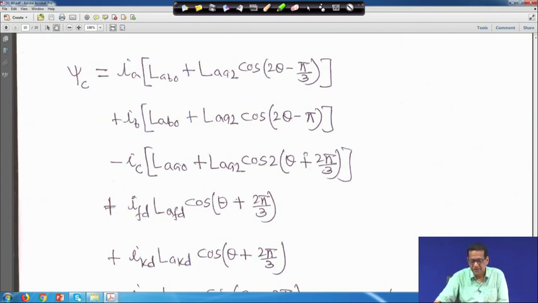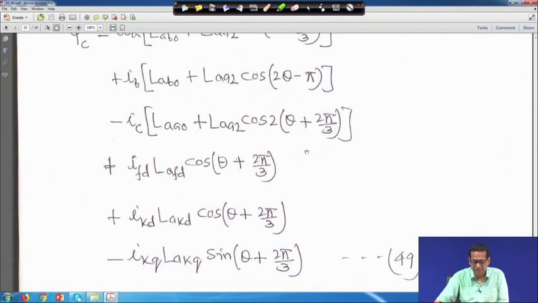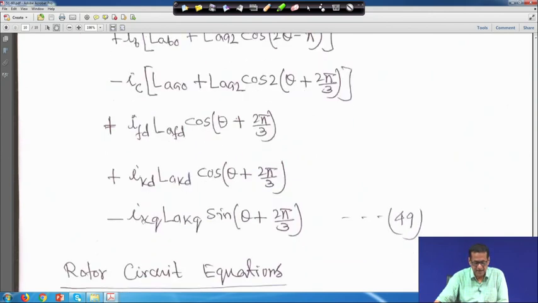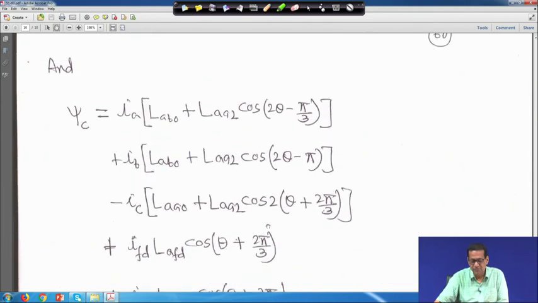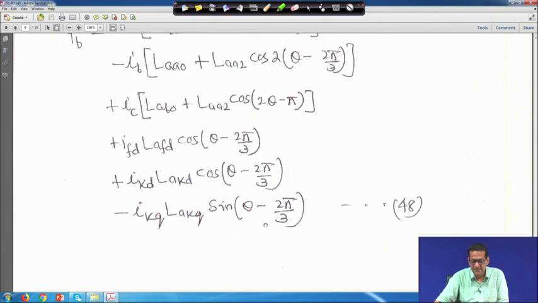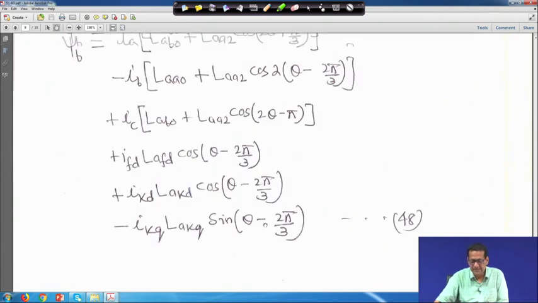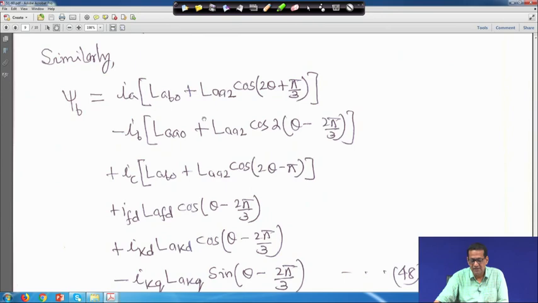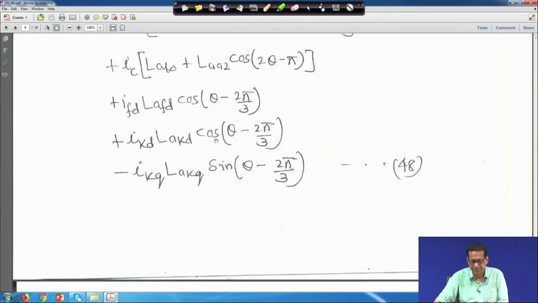Then plus IFD LAFD cos theta plus 2 pi by 3, plus IKD LAKD cos theta plus 2 pi by 3, and minus IKQ LAKQ sin theta plus 2 pi by 3. So now the flux linkages for psi B and psi C are all derived, right.